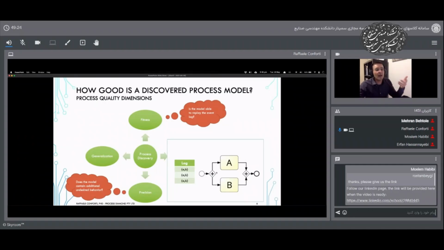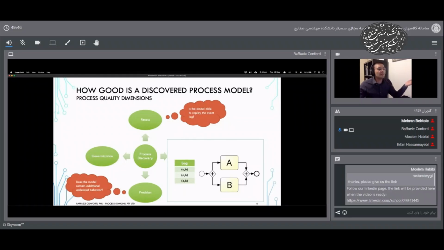In particular, this is our AND gateway. So it's a decision point that allows me to execute these two activities concurrently, so let's say, theoretically at the same time, and basically it means that we are always doing both A and B, and we can do them in any order, which is not what we see in the log.